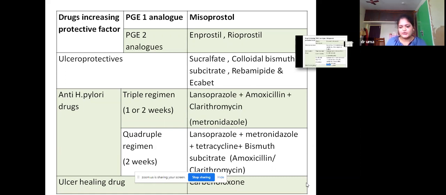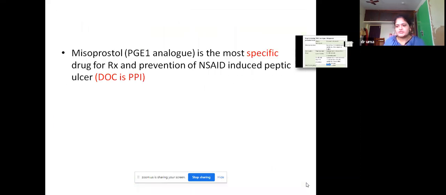Among these, misoprostol is the prostaglandin E1 analog, which is the most specific drug for the treatment and prevention of NSAID-induced peptic ulcer. But the drug of choice for this condition is proton pump inhibitors.